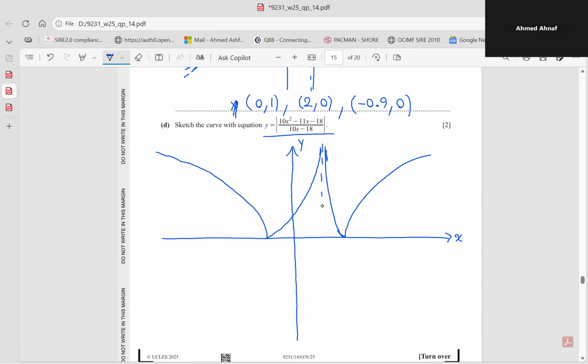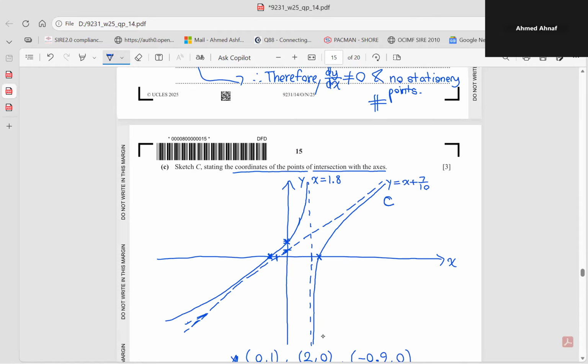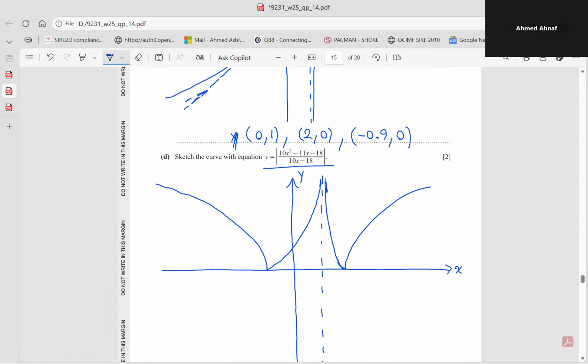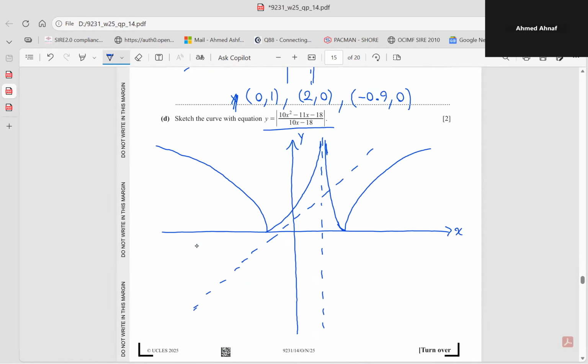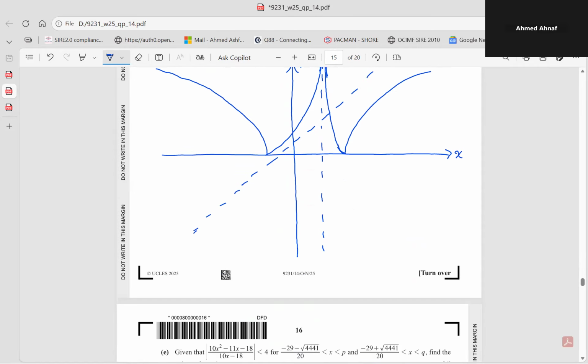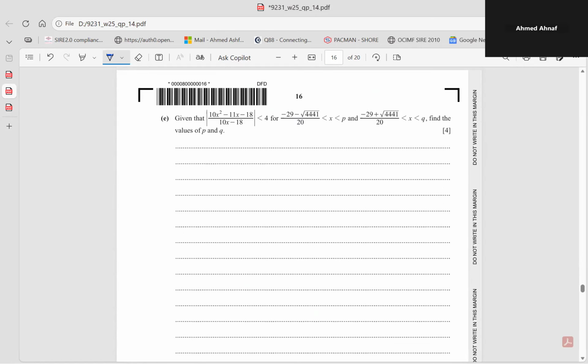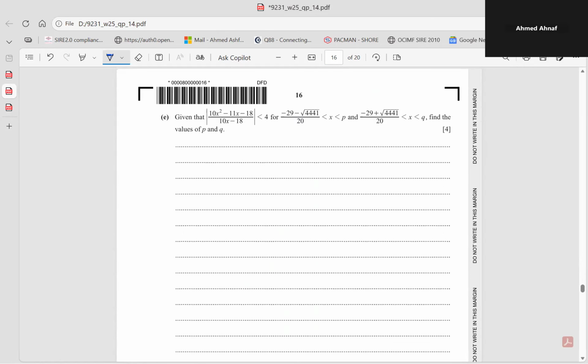So this is the vertical asymptote. It's not necessary to draw it, but it's still a good habit. And then this is approximately the oblique asymptote. So this is roughly what y equals the modulus of the equation that we drew just now looks like. With that, let's move on to the last part.